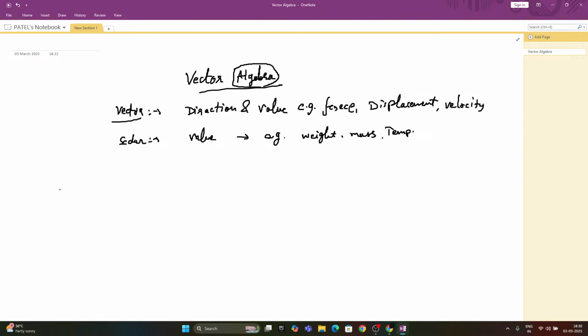The basic vectors are described in two ways: two dimension and three dimension. A vector quantity is described by x bar, x hat, or x arrow.